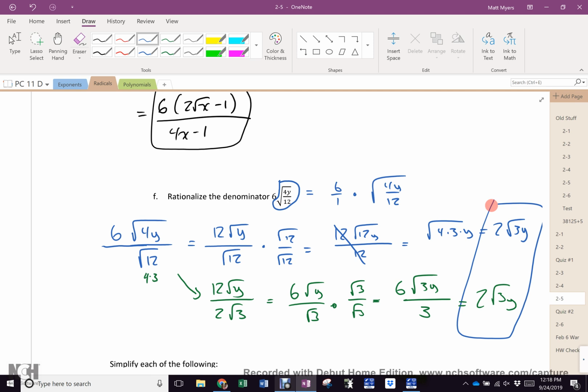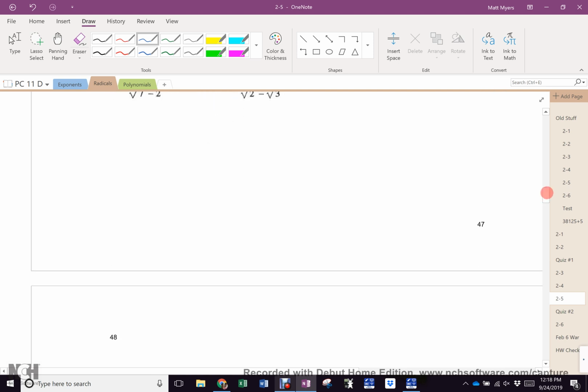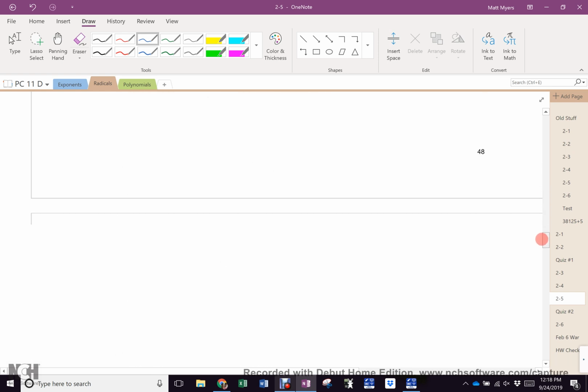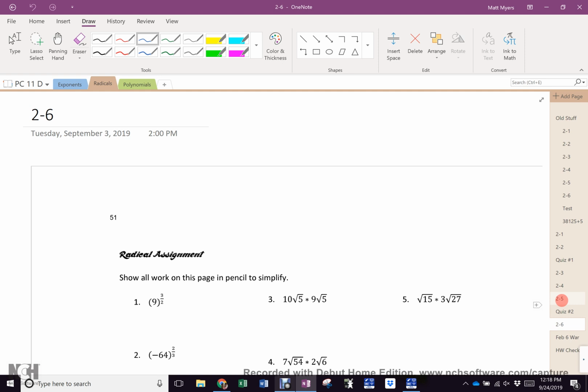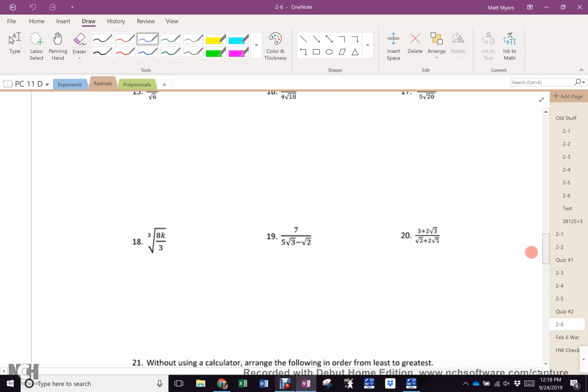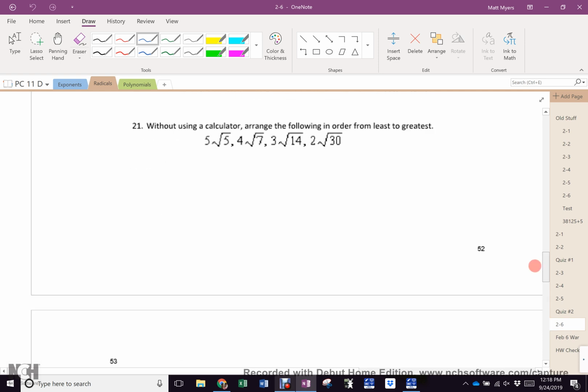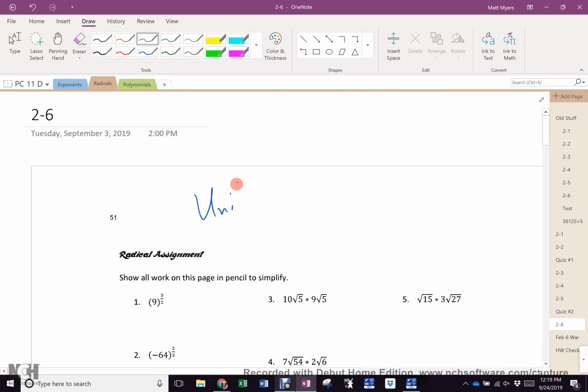Everyone's cool? All right. You start trying, and this is going to get a little weird because I printed my computer badly. You are going to work on 47 through 50 today. Tomorrow in class, we are going to have a quiz, and 51, see, I've printed it twice on my screen. 51 and 52 are your unit review, which we will work on tomorrow.